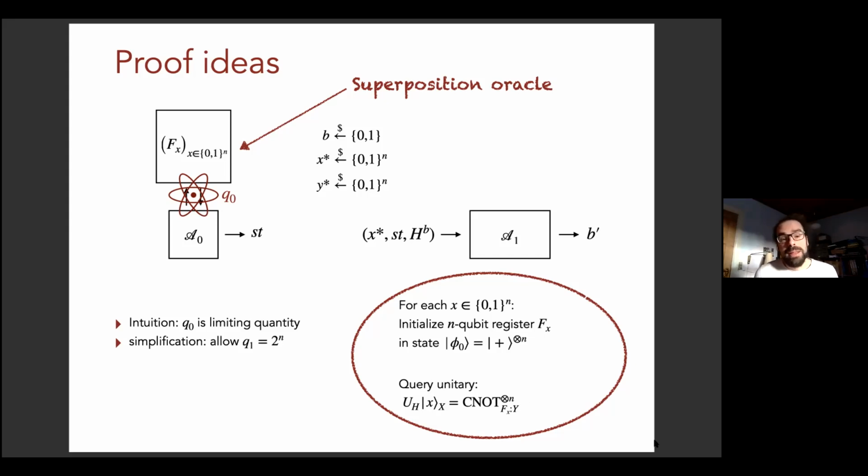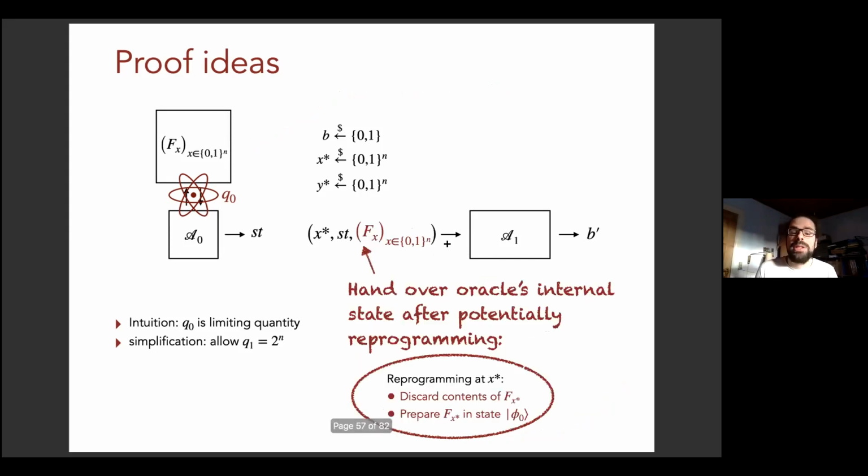Now that's great, but now we can't give A1 the whole function table as an input anymore, right? We have replaced the function by this superposition oracle, but it turns out that we can do something that is even stronger, or gives A1 even more power, and that is to just hand A1 the whole internal state of this oracle simulation as an input, right? And this of course happens after potentially reprogramming it.